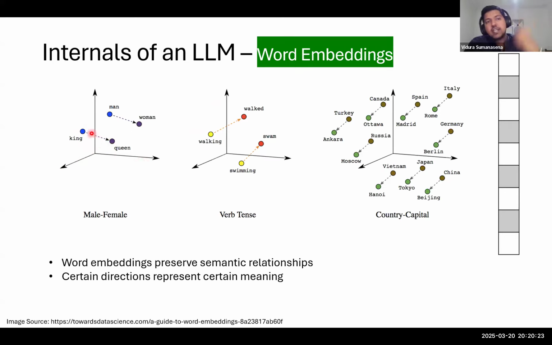The idea is to understand the notion of certain concepts like gender, verb tense, past tense, or country capital, in different directions in this embedding space. I hope that made sense. To summarize, an embedding model will have certain directions representing certain meanings.